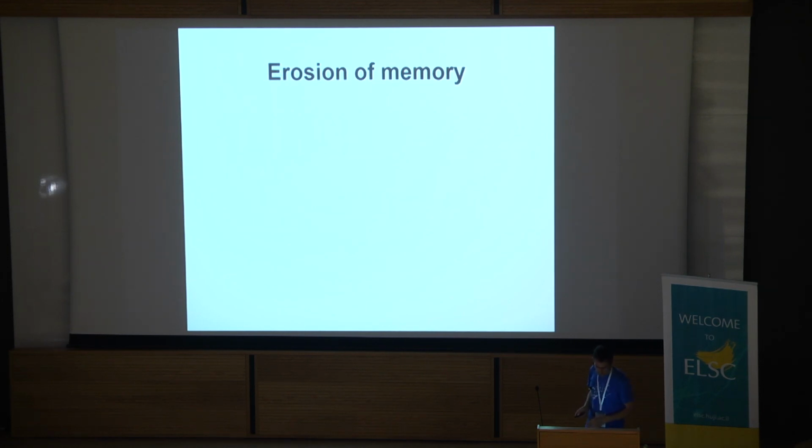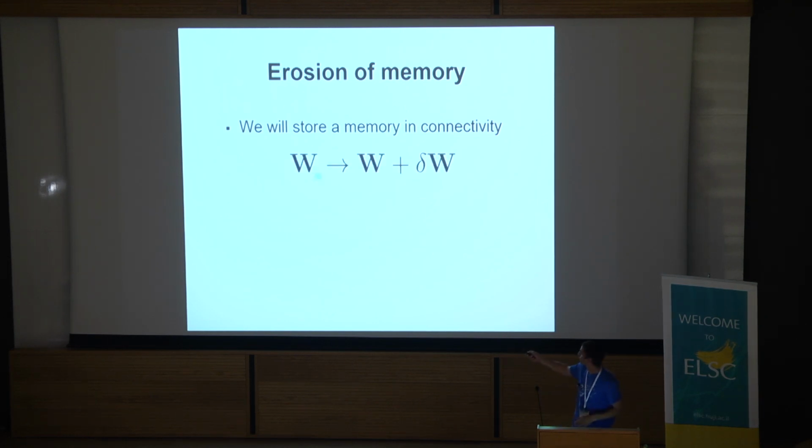So now we want to store memories. So you put memories in the connectivity. We have our connectivity, and we're going to add something to it. This is going to be the memory. Either in the real part, this is the Hopfield model, an outer product, this is symmetric, these are the reciprocal connections.